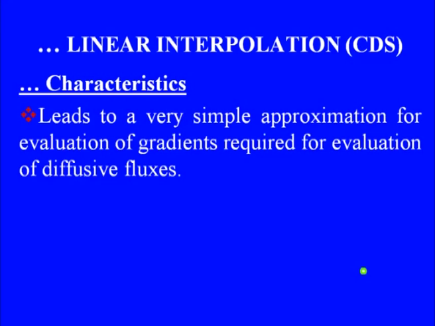For instance, if you are looking at the simulation of turbulent flows using large eddy simulation or direct numerical simulation approach. And not just that, it leads to a very simple approximation for evaluation of gradients, and gradients are the ones which we require in the evaluation of the diffusive fluxes. So, that is why it is very popular.